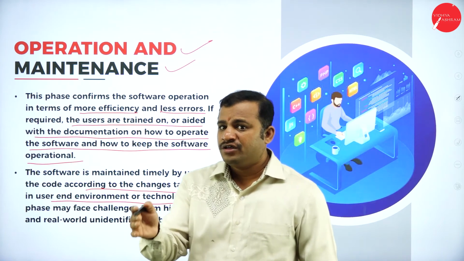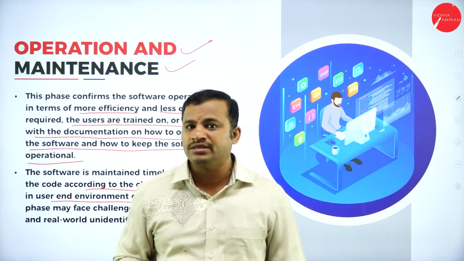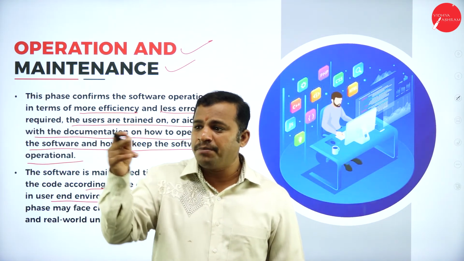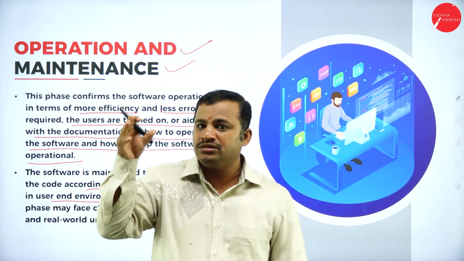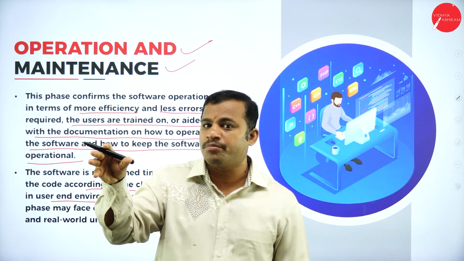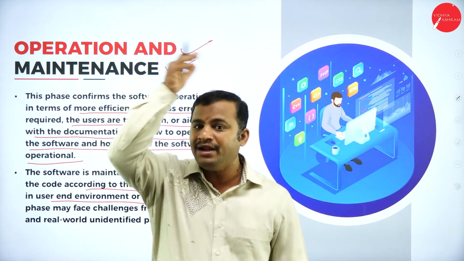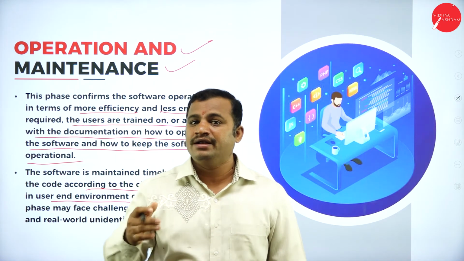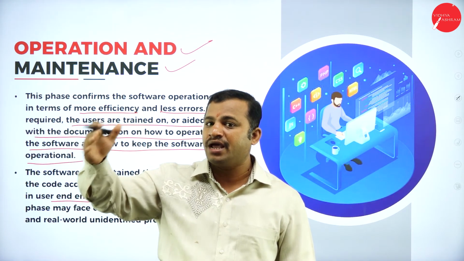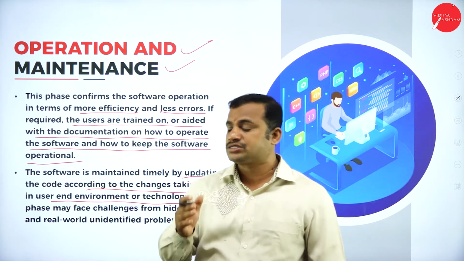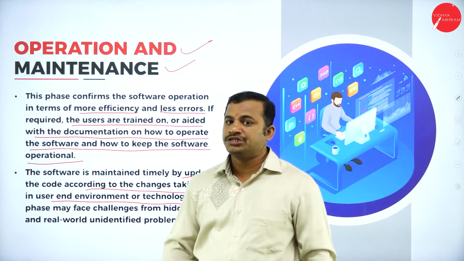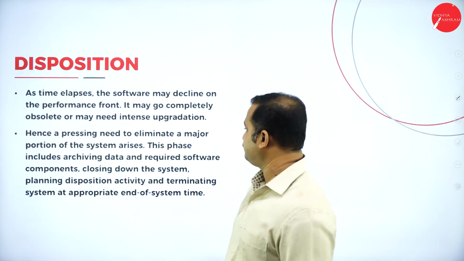That is, if this part of the module is not working properly in the end user's environment, then it has to be updated and documented immediately in the form of a description, and updated in a timely manner to the end user. That is called operation and maintenance.